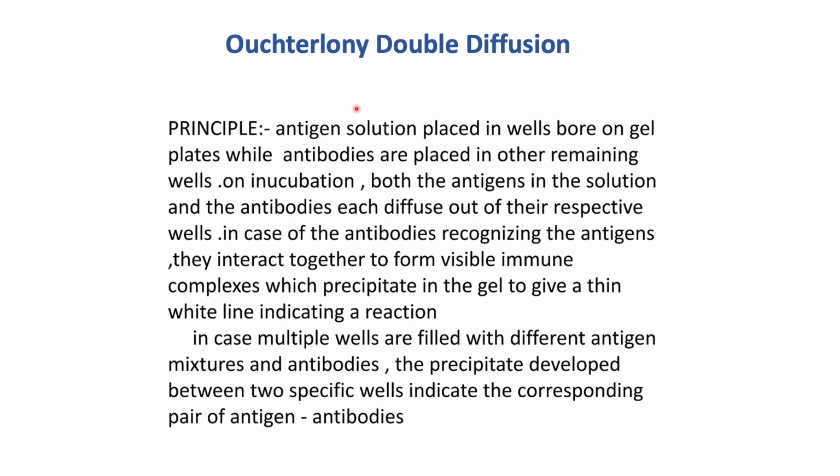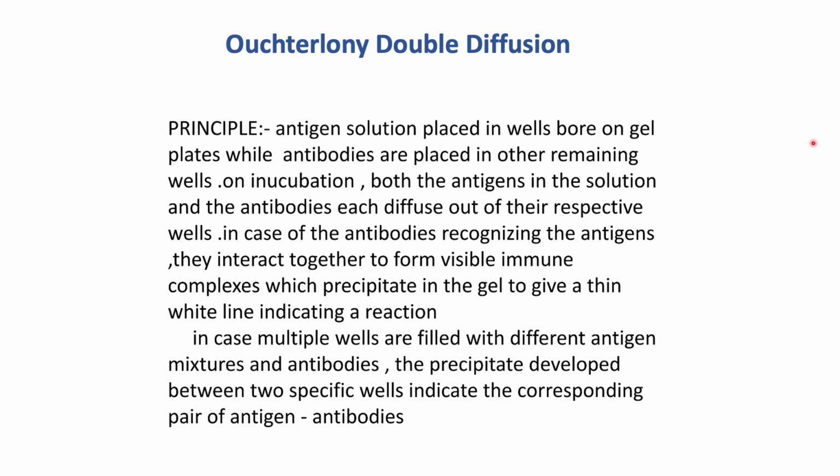Let's now look at Ouchterlony double diffusion, which is also a type of immunodiffusion. So here the antigen solution is placed in wells in the gel plates, while the antibodies are placed in other remaining wells. Upon incubation, both the antigens in the solution and the antibodies each diffuse out of their respective wells.